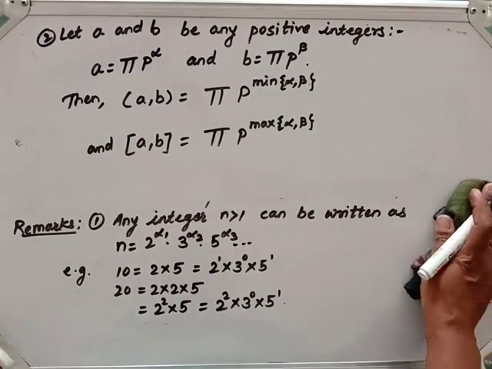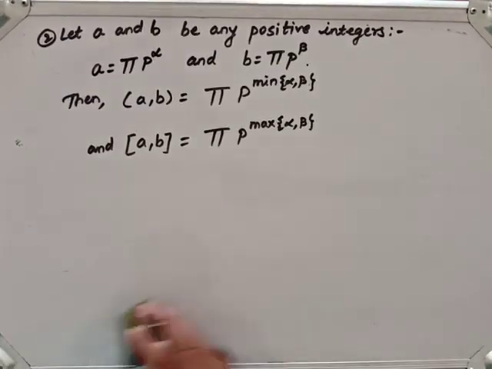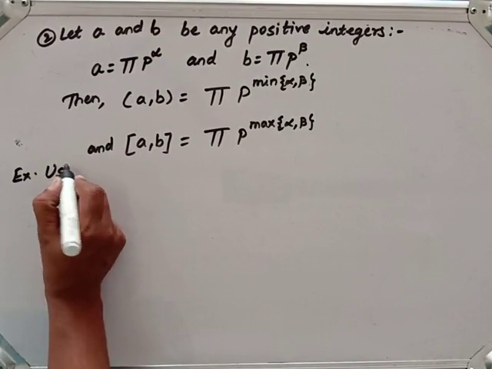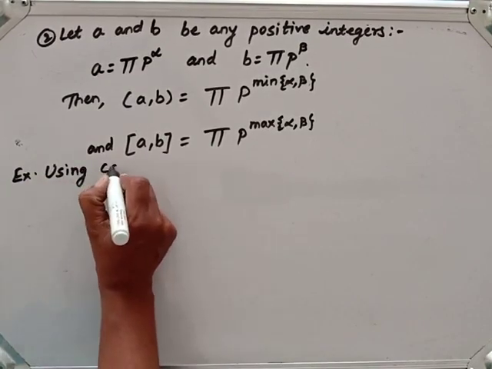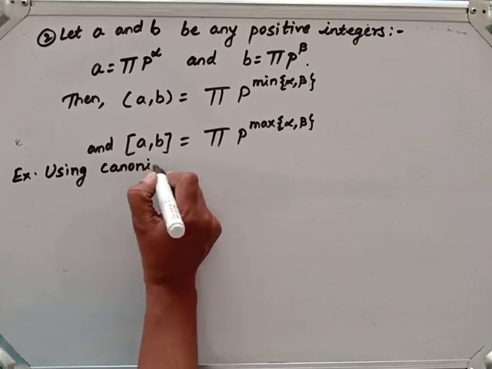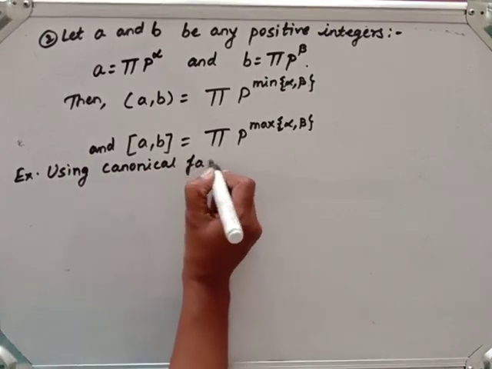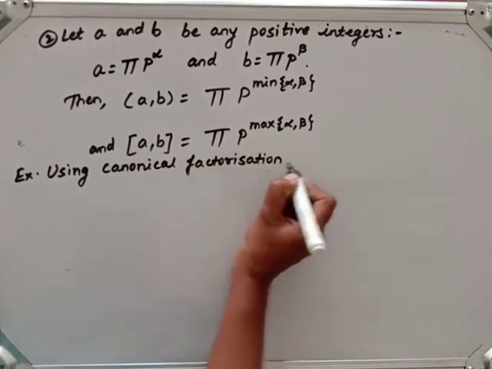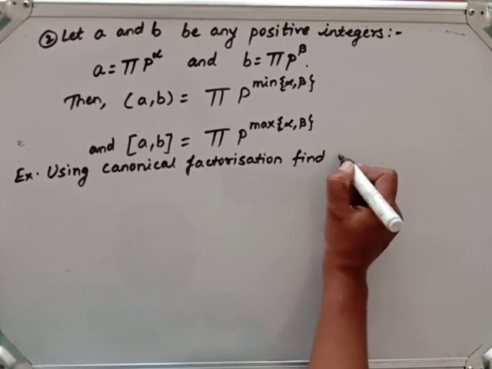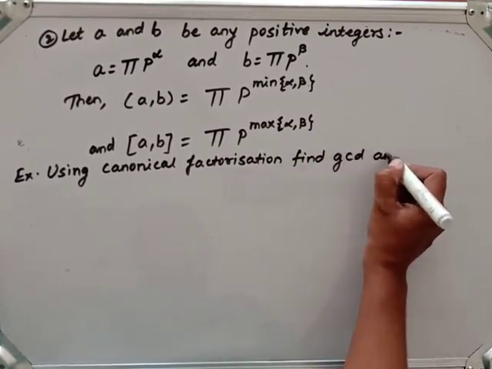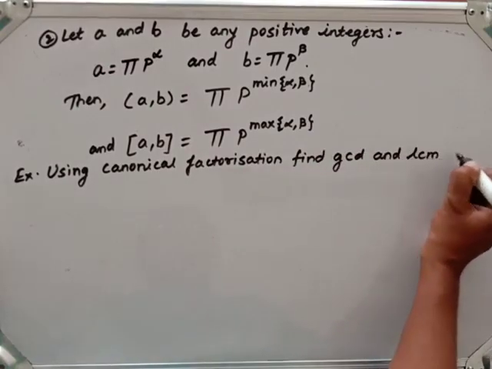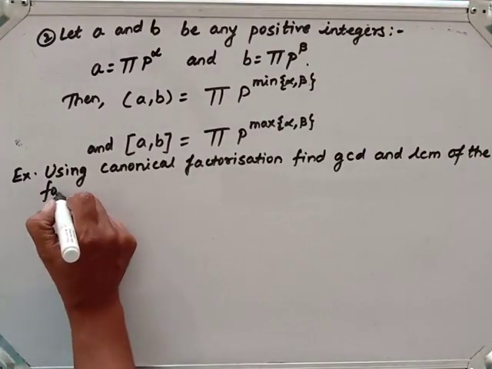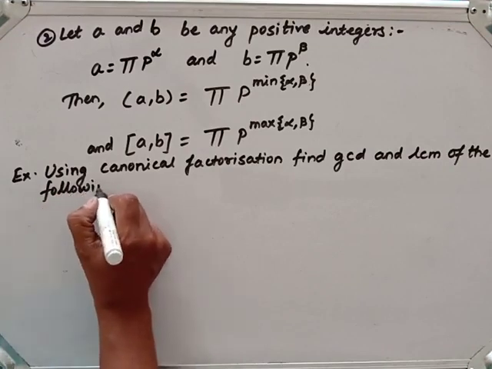Now let us take an example on this second note. Suppose I have an example: using canonical factorization, find the GCD and LCM of the following.